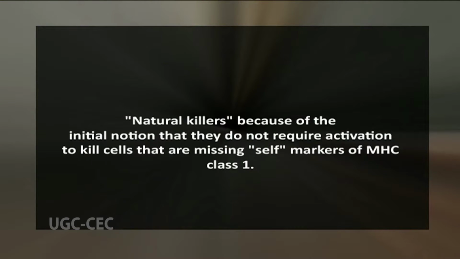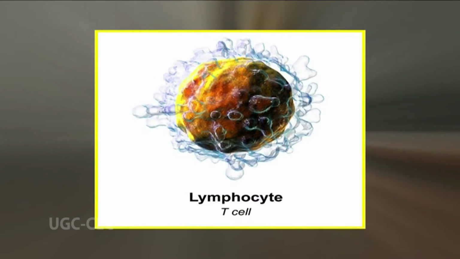They were named natural killers because of the initial notion that they do not require activation to kill cells that are missing self markers of MHC class I. This role is especially important because harmful cells that are missing MHC I markers cannot be detected and destroyed by other immune cells such as T cells.